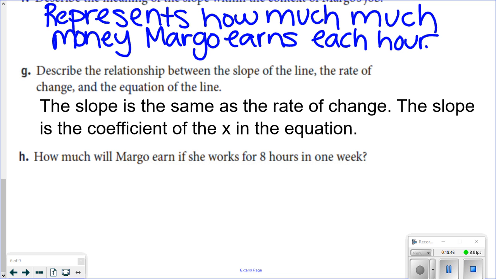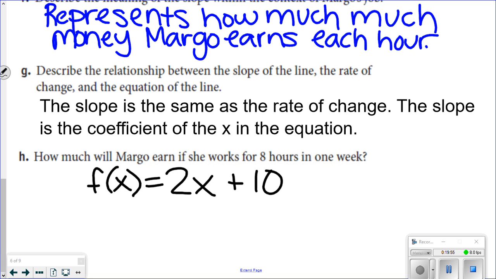So we're going to take our function, f of x equals 2x plus 10, and x here stands for hours, and we have 8 hours. So I'm going to erase my x, and I'm going to substitute in the 8.